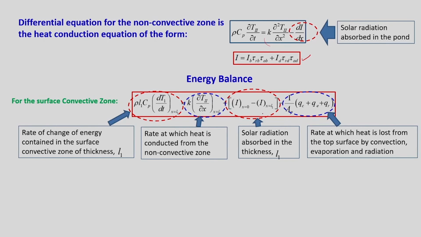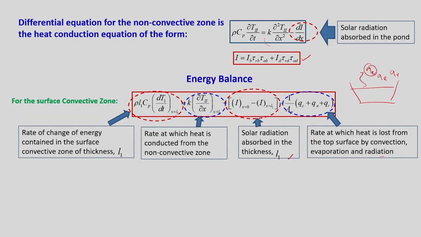I naught minus I at x equal to L1 is the solar radiation absorbed in the thickness L1, and this last part is the rate at which heat is lost from the top surface by convection, evaporation and radiation. So, from the top we will have convective losses, evaporation losses, and radiation losses. This is convective losses, not conduction losses.